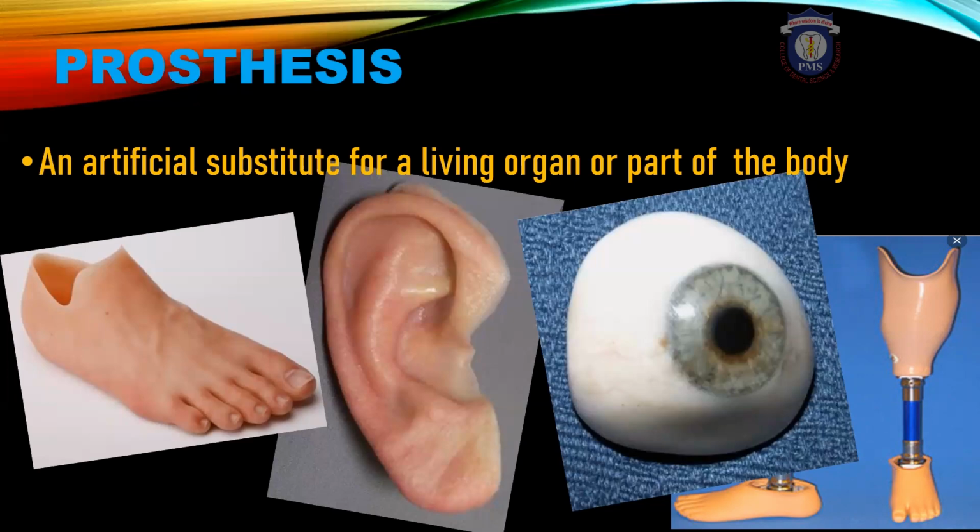We can give them a little more aesthetic value. For giving this aesthetic value to the prosthesis, you can use silicon material to make this type of lifelike prosthesis. So this prosthesis is an artificial substitute for a living organ or part of a body.